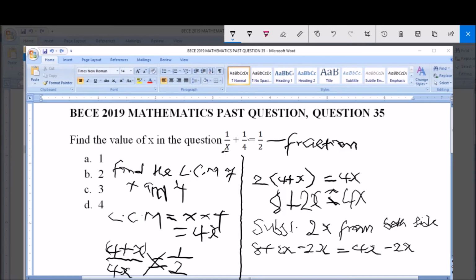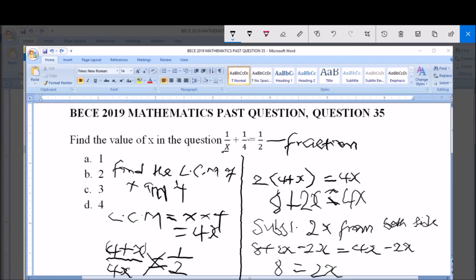Now 2x minus 2x is equal to 0, so we have 8 is equal to 4x minus 2x, because they're like terms. 4x minus 2x will give us 2x. So we now have that 8 is equal to 2x, meaning that 2x is equal to 8.